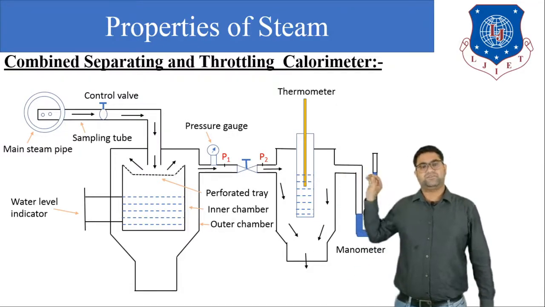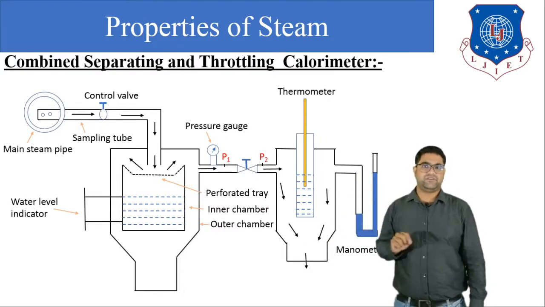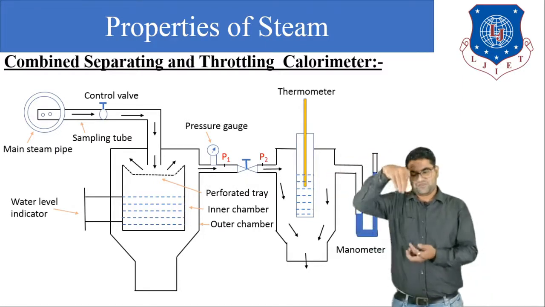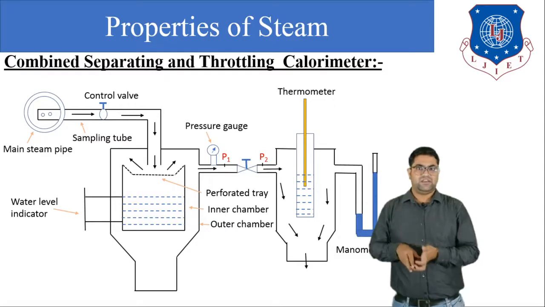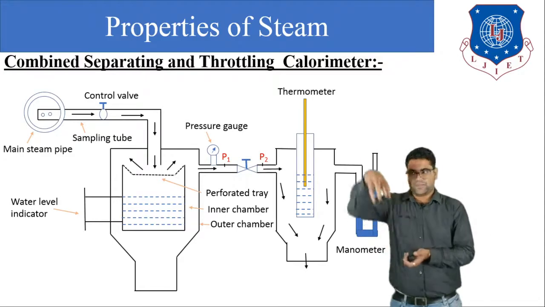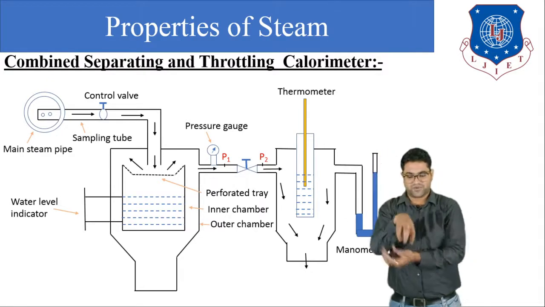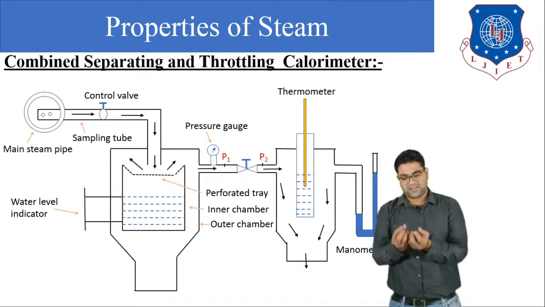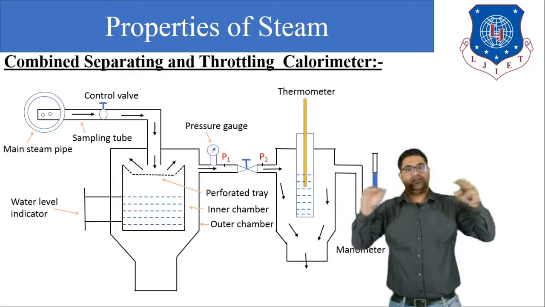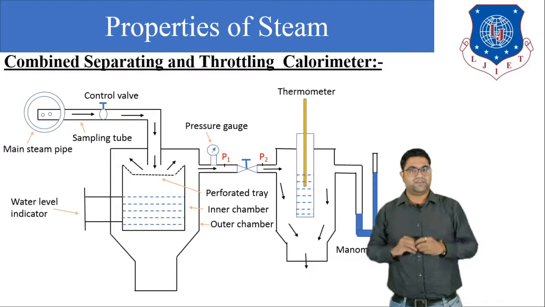Now the wet steam comes from the main steam pipe, and the amount of wet steam is controlled with the help of the control bar. From the sampling tube the steam enters the separating calorimeter, where a perforated tray is already placed. The wet steam hits the perforated tray, so the water particles are separated out in the separating calorimeter and the remaining steam goes around the inner chamber.